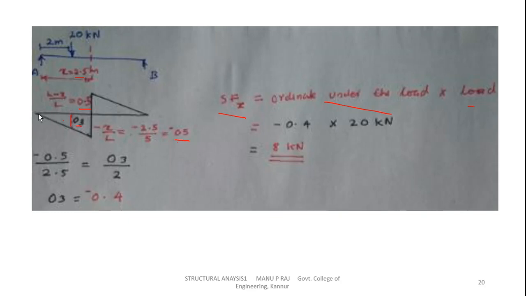From similar triangles, this triangle and this small triangle: 0.5 divided by 2.5 equals the ordinate O3 divided by 2. You will get the ordinate equal to minus 0.4. So the ordinate under the load is minus 0.4 into load 20. You will get 8 kilonewton. This is the shear force at x.